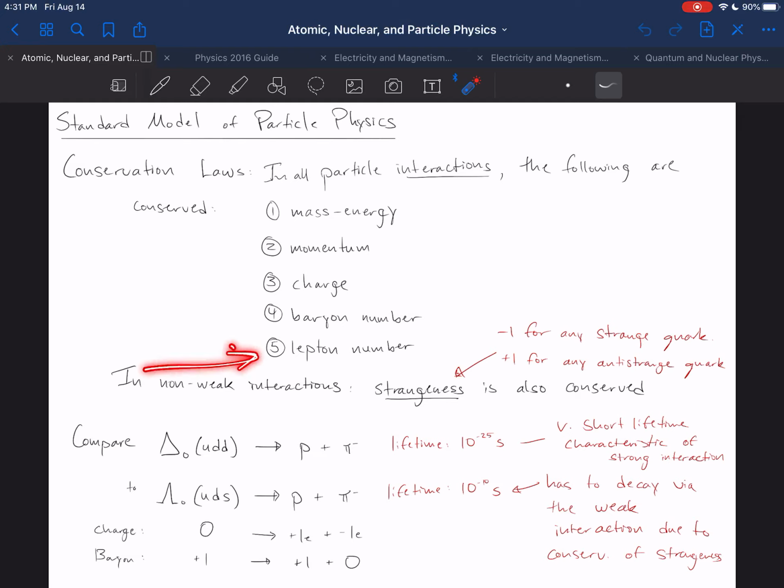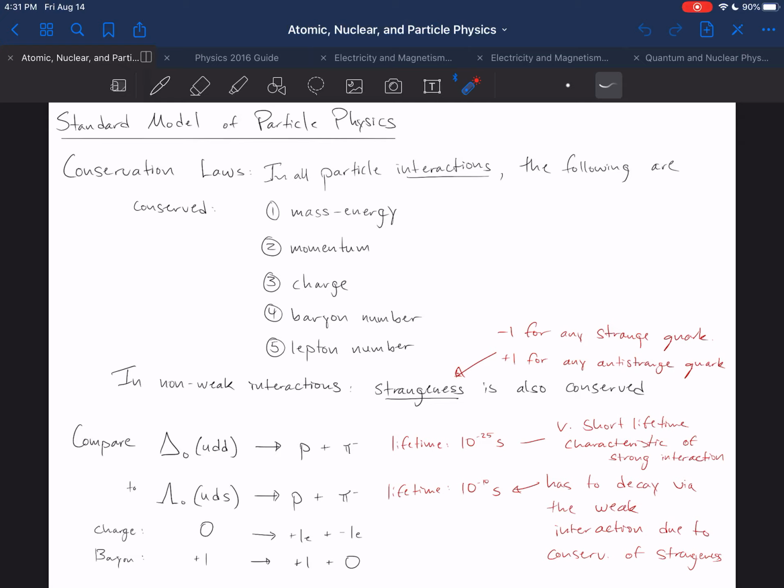As it turns out, lepton number is also conserved, which means the total lepton number at the beginning must be the same as the total lepton number at the end. Recall that leptons have a +1 lepton number, and antileptons have a -1 lepton number.